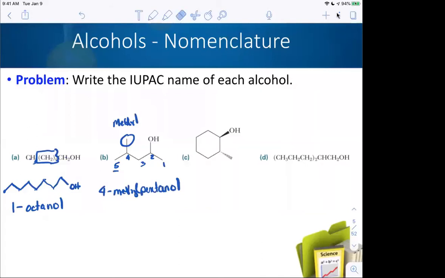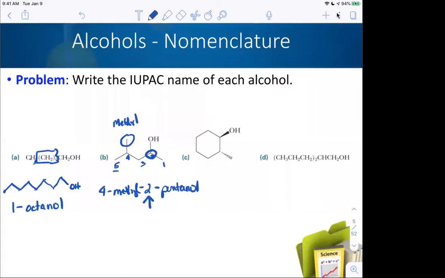Oops, I forgot the location. 4-methyl-2-pentanol. I do have to indicate what carbon that alcohol is on. So it is definitely on carbon number 2 if I number it the correct way. So that would be the name for this.